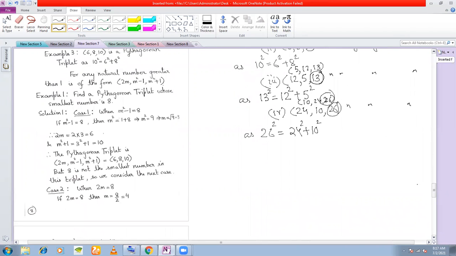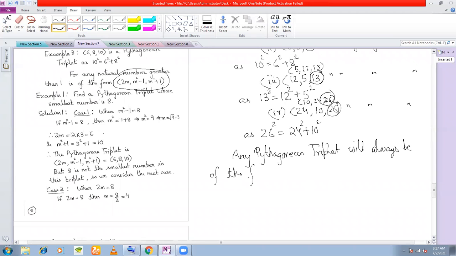Now, very important here that any Pythagorean triplet will always be of the form, you can consider this to be a formula for Pythagorean triplets: 2m, m square minus 1, and m square plus 1, where m is a positive integer or a natural number, you can say.